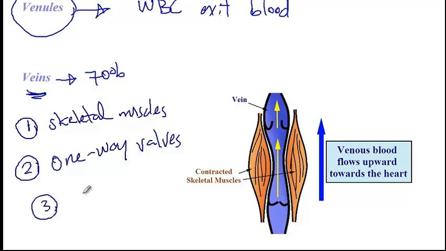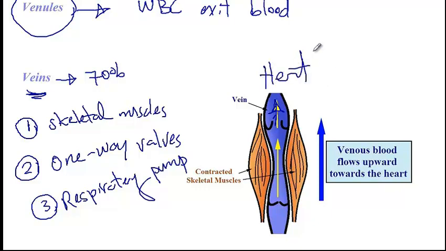And then the third mechanism is our respiratory pump, or in other words, our lungs, which will create a negative pressure in our thorax or in our chest during inspiration, as a consequence of which blood is sucked upward. So once we are breathing and expanding our lungs, there's a negative pressure that allows air to go inside the lungs. At the same time, this negative pressure also helps with pushing the blood upward towards the heart.